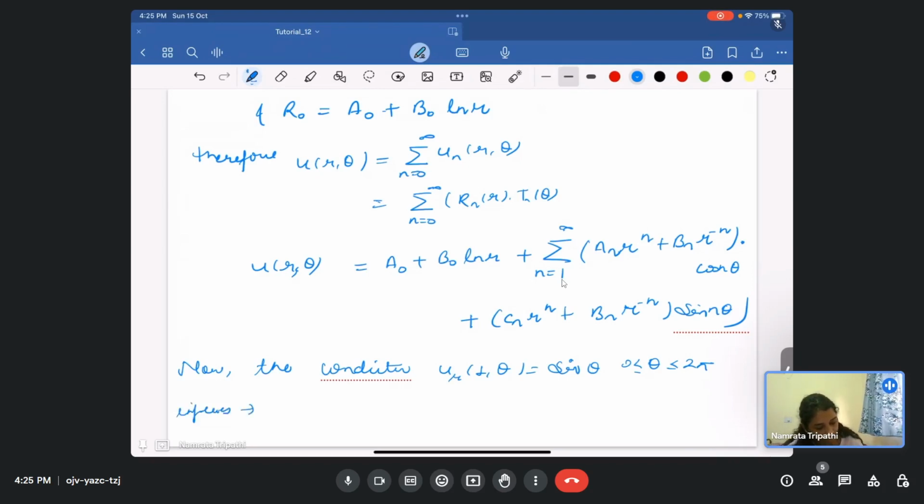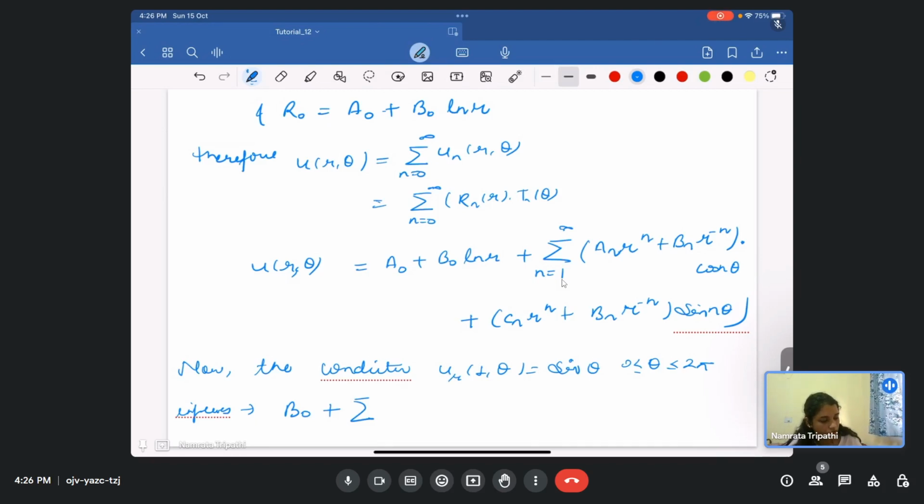This will imply, after differentiating, the first term is constant so it will become 0, and b naught upon r, and r is 1, so this is simply b naught, plus differentiating the first term is n into an into r to the power n minus 1.